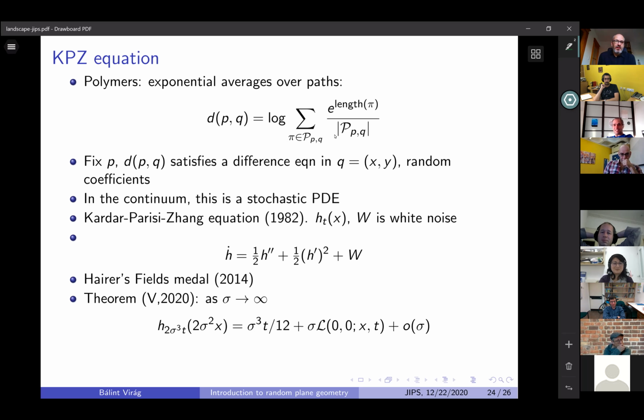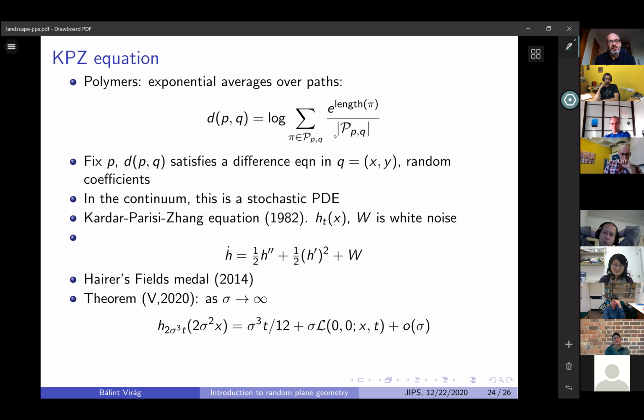There is one result which I did during COVID. Essentially, what was known is that if you fix one point, then that converges to Tracy-Widom, like a single point. And now I know a little bit more. If you look at this KPZ equation, its solution essentially looks like something in the directed landscape.